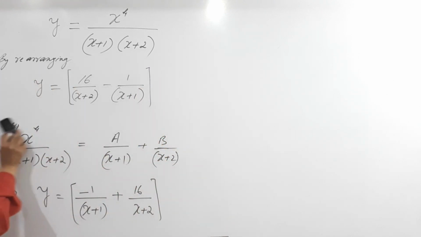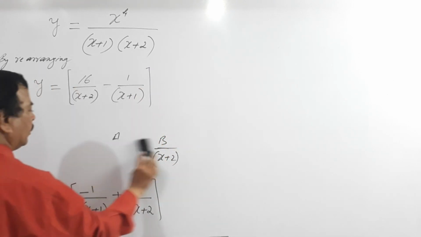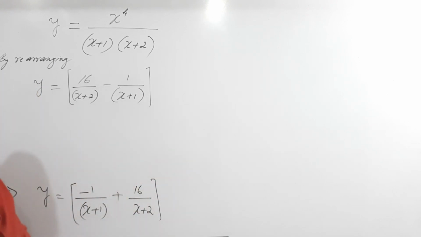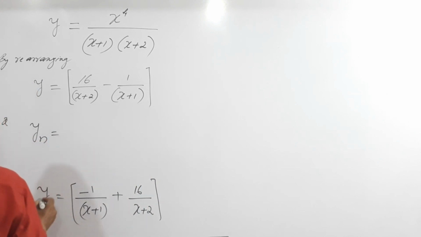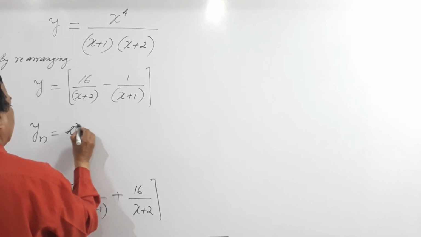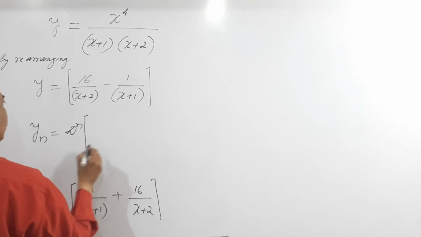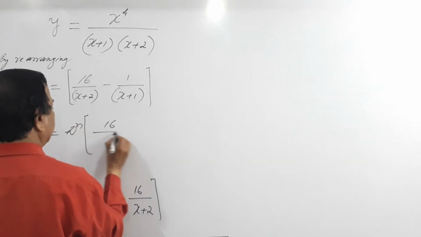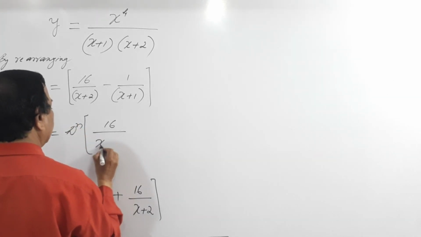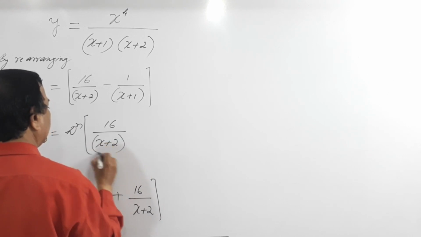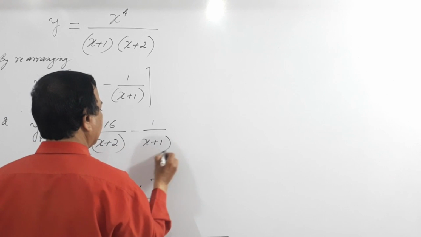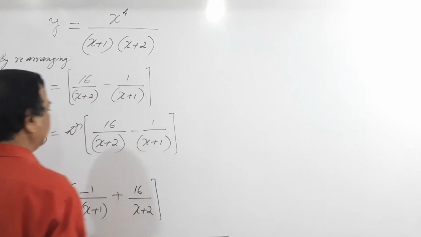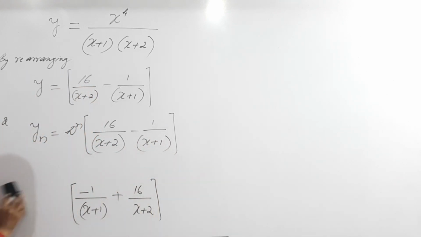This is our y. And y_n will be the nth derivative of 16 by (x + 2) minus 1 by (x + 1). Done. Now we will find the answer.